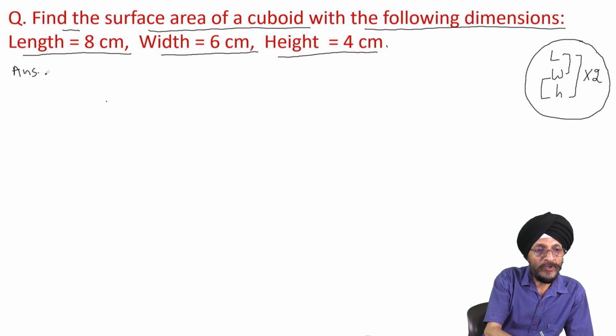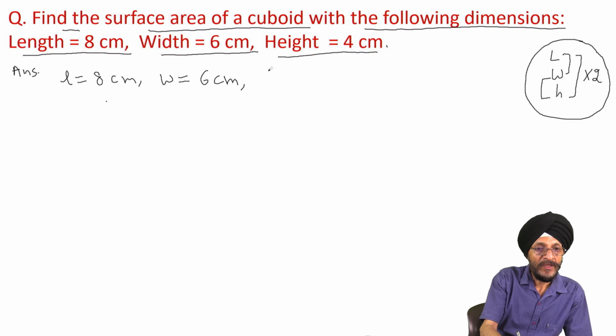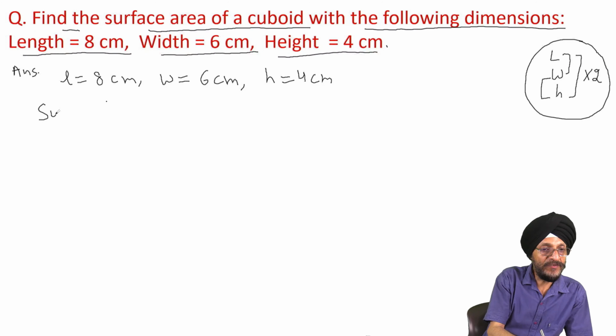So now we come to the main point. In this question, the length given before us is 8 centimeter. Width given is 6 centimeter. And the height given is 4 centimeter. Now what is the formula for the calculation of the surface area of a cuboid?